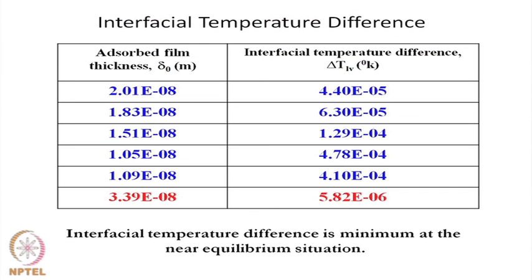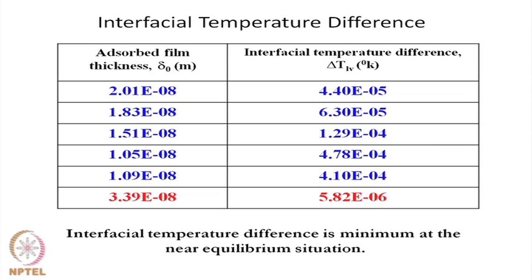If you look at the interfacial temperature differences, you would see that the difference, the red one, the last one, as calculated from the experimental data, is 2 orders of magnitude smaller than the other cases. So, interfacial temperature difference is minimum at the near equilibrium situation.